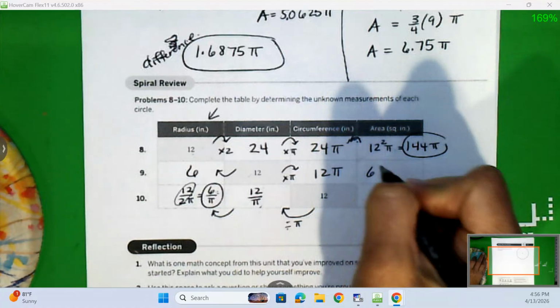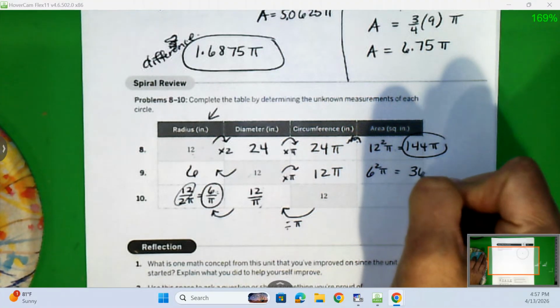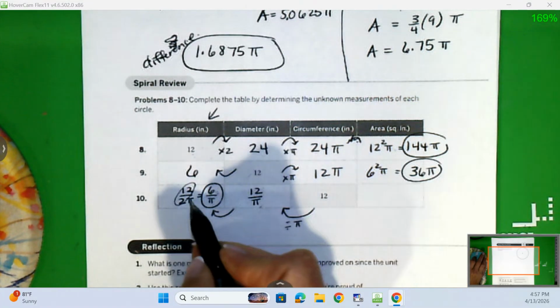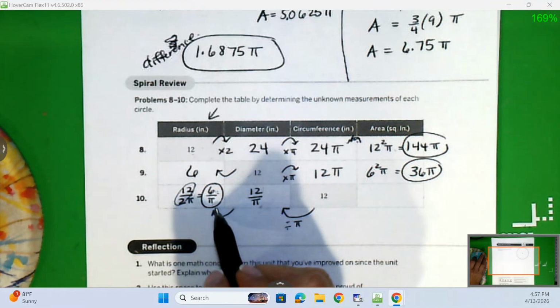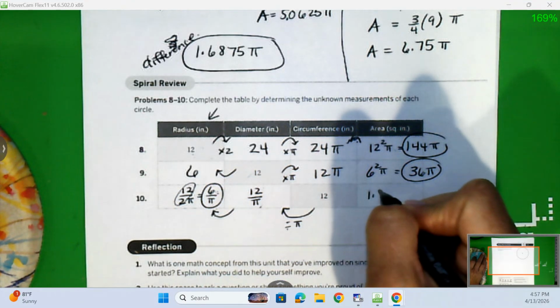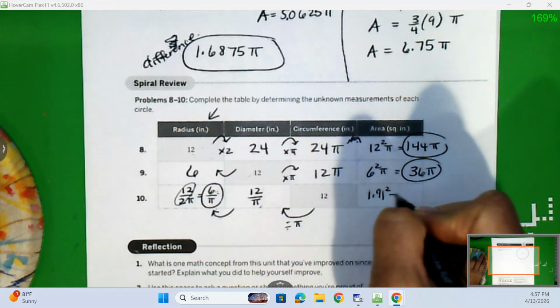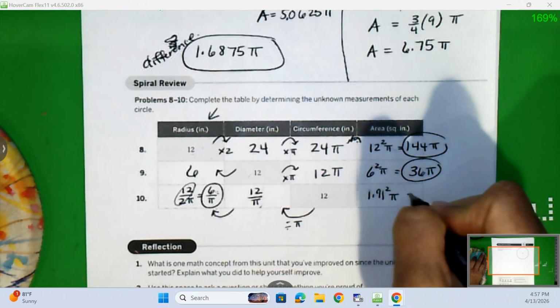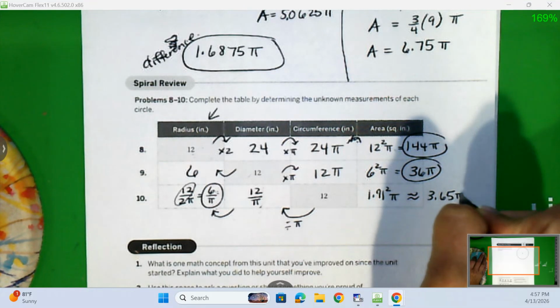This is going to be 6 squared pi. So 6 times 6 is 36. This is 36 pi. And 6 divided by pi is approximately 1.91 squared pi, which then is approximately 3.65 pi.